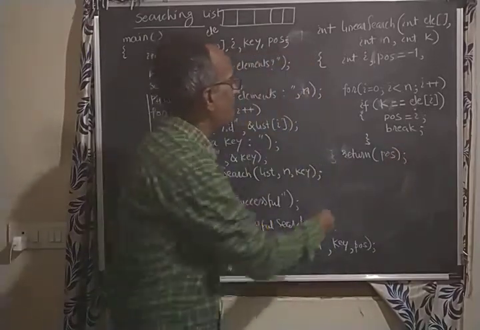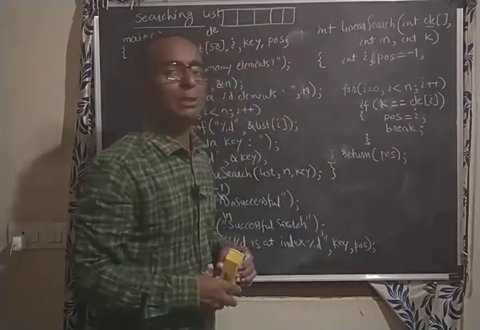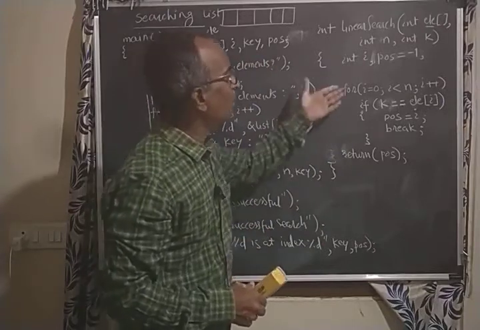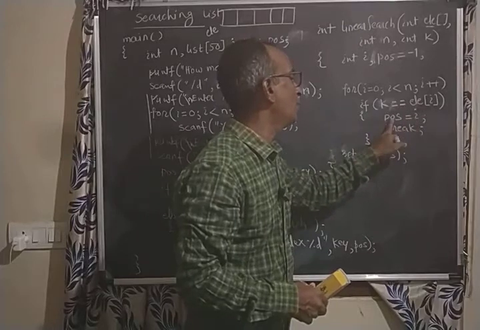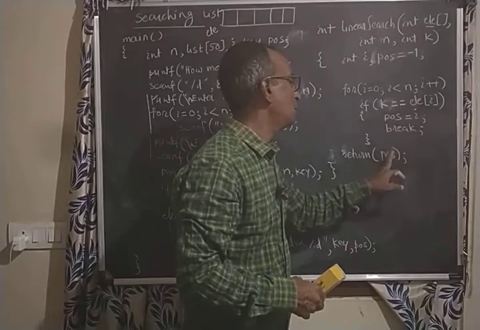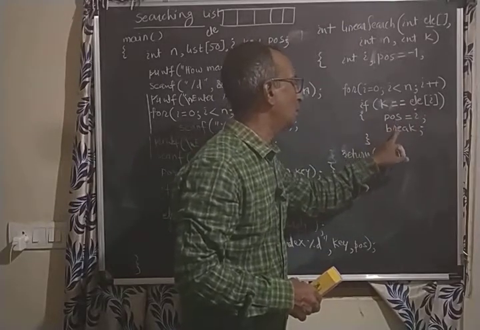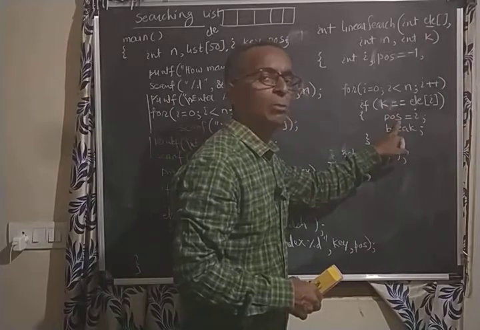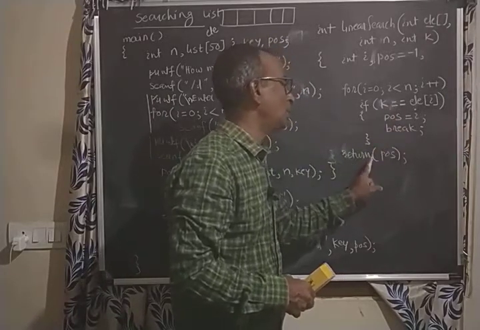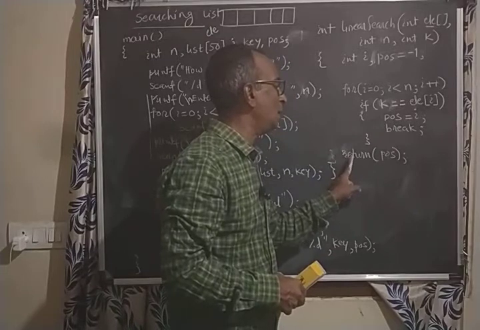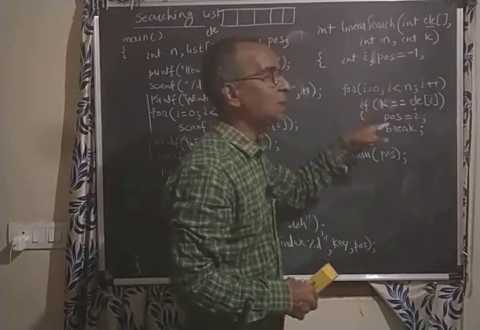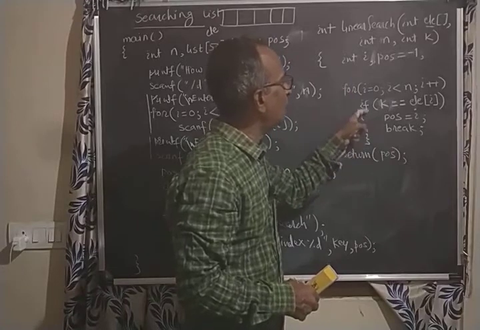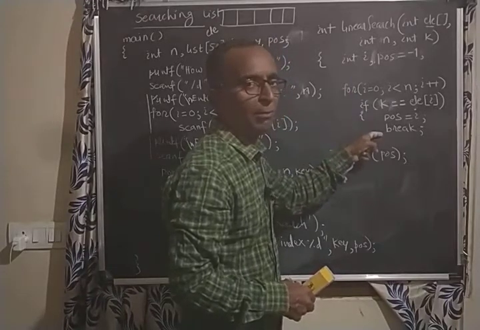Now, let us see whether it works for an unsuccessful search also. Position is set for a successful search, then break, and it will give you the position. If it is equal, position is set, it will break from this loop, it will come here, and that will return the position. If it is an unsuccessful search, it will never enter into this if block.